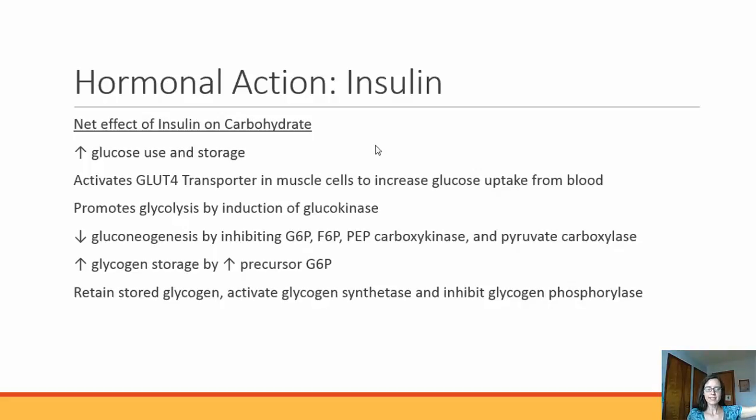Both of those things can decrease blood glucose levels, both storing it and breaking it down. So insulin is going to promote glycogen storage, and it's also going to promote glucose breakdown and promote glycolysis. As we would assume, it's going to decrease gluconeogenesis. We don't need to make new glucose. We've got enough glucose.